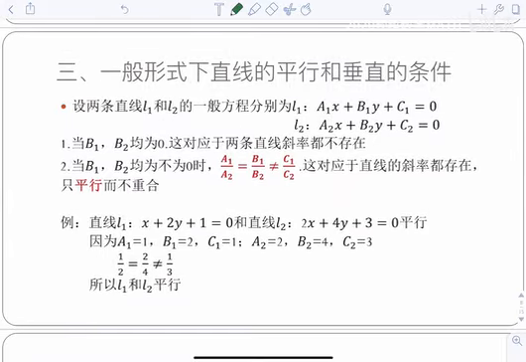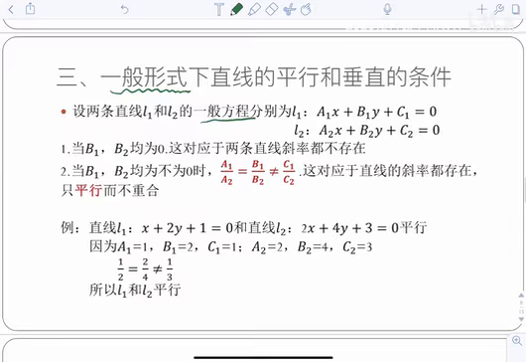So let's look at the general form of the equation. For the general equation, L1 means A1x plus B1y plus C1 equals 0. L2 means A2x plus B2y plus C2 equals 0.